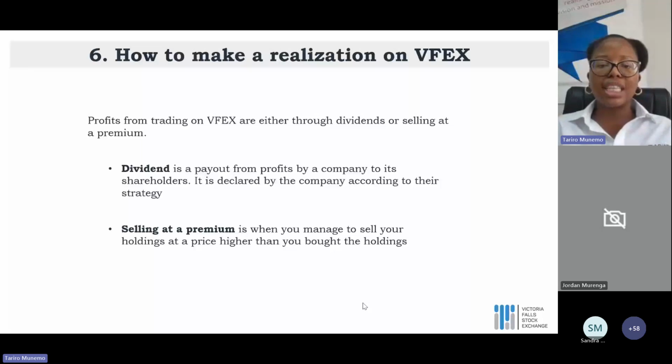Another way is through selling at a premium. And selling at a premium is whereby perhaps you manage to purchase shares in ABC, for example's purposes. So you manage to purchase those shares, maybe they're trading at 50 cents, for example, and you have held on to that counter for the last 3 months, and something happens in that company, and suddenly those shares are now trading at 75 cents, for example.